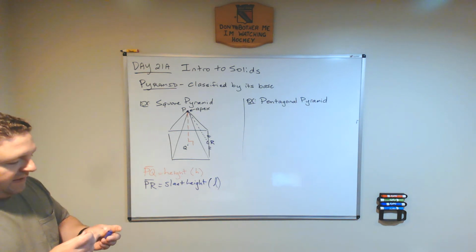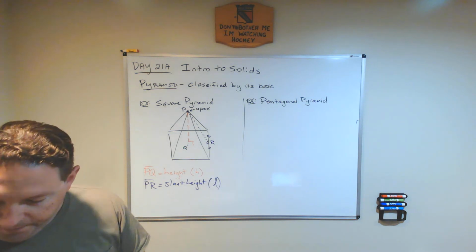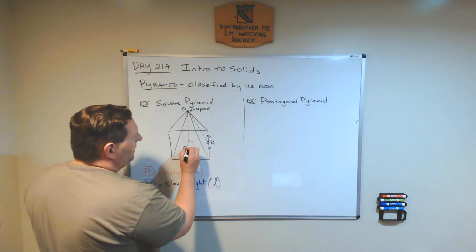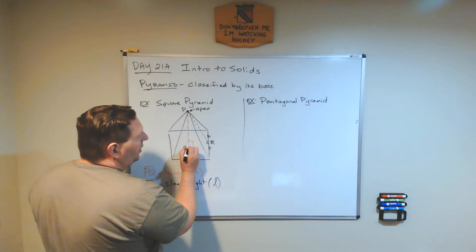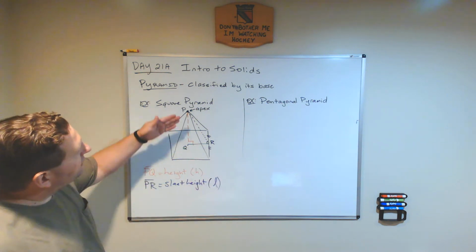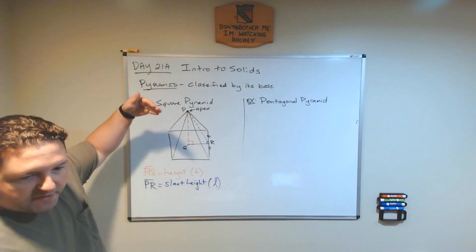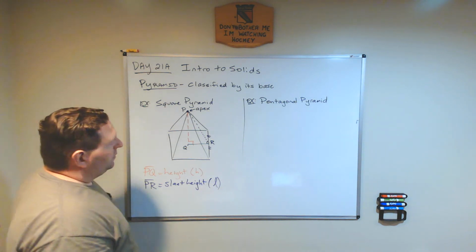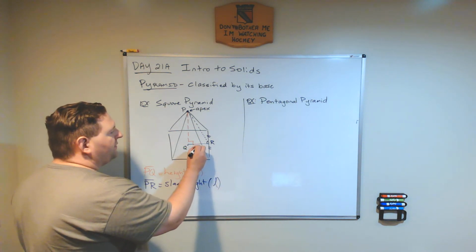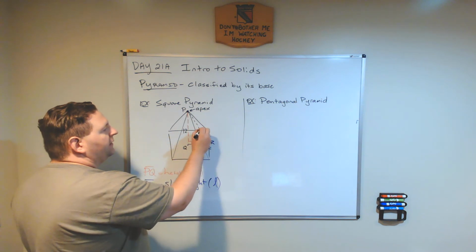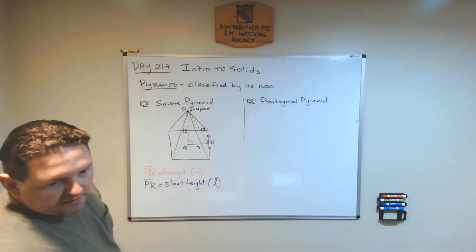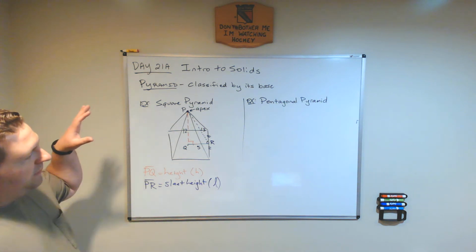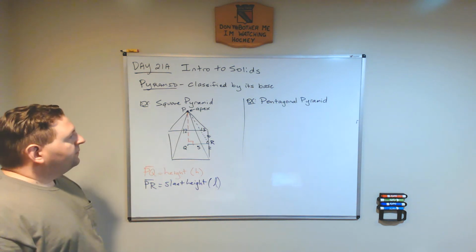And again, if you connect this, and you're going to be doing a lot of these where they have this drawn for you, you can draw from Q to R, and now you have yourself a right triangle, PQR, inside the solid that you could work with. Or you could have, say, a 5, 12, 13 right triangle in there. So you're going to see things that we've done before embedded in the figure.